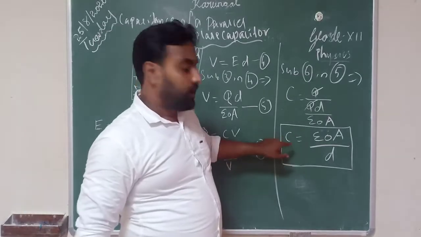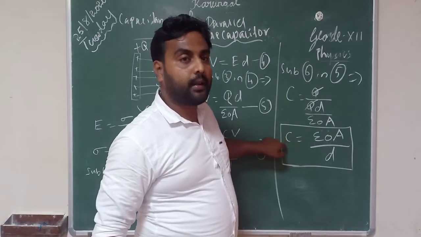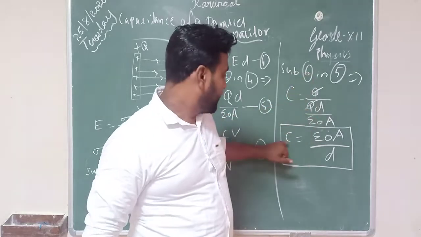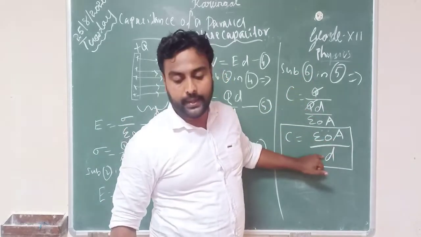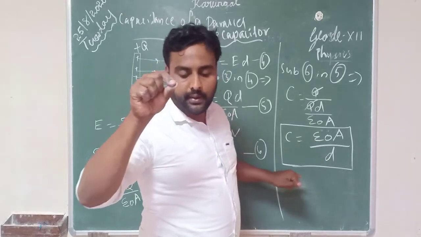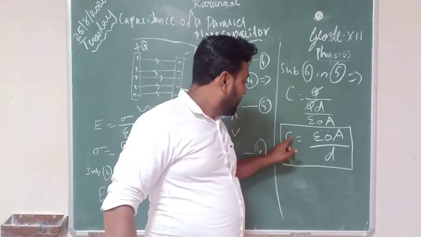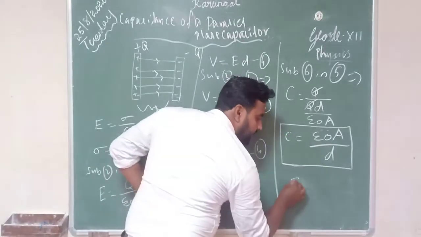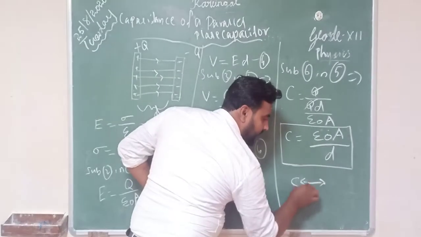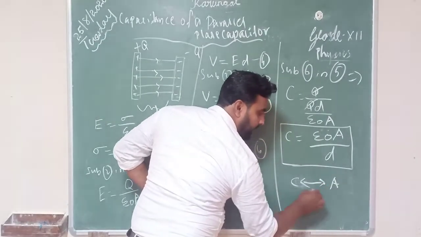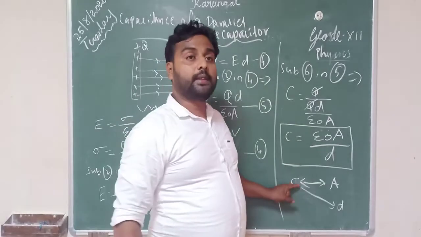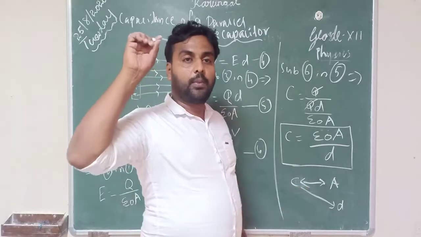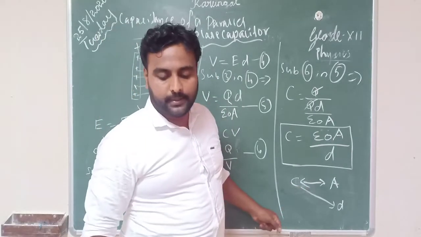Now, this equation gives evidence of something. You see, C equal to epsilon 0 A by D. It means C is directly proportional to A. So you can define the capacitance of a parallel plate capacitor like this.